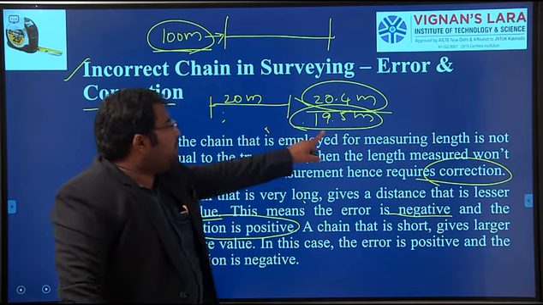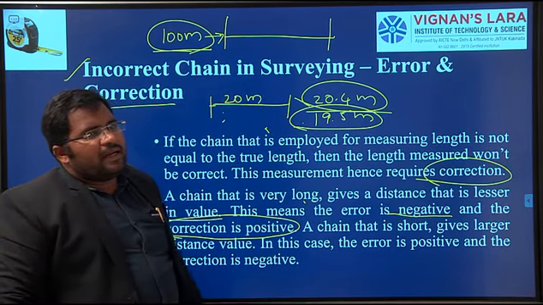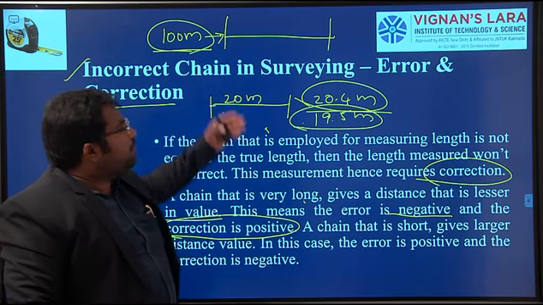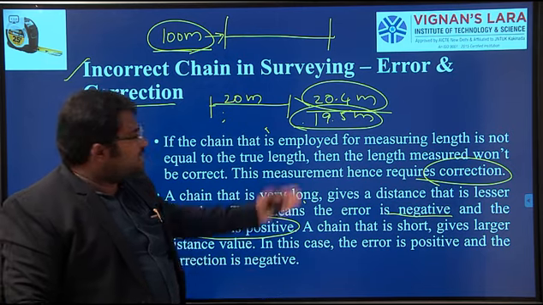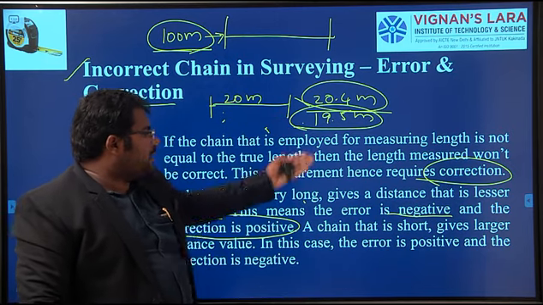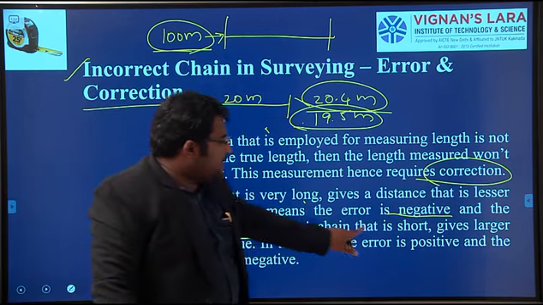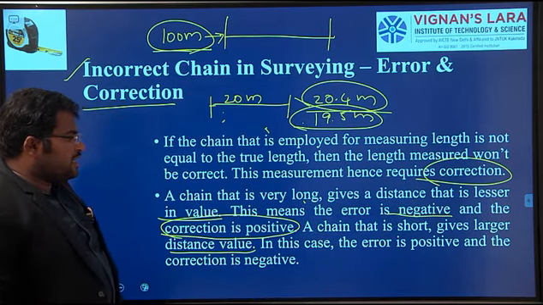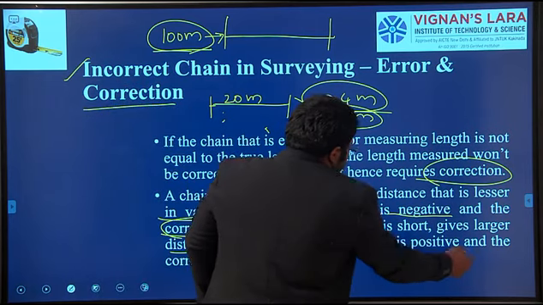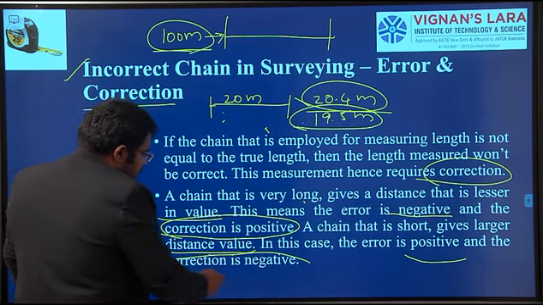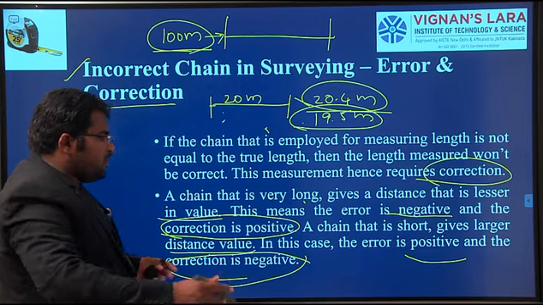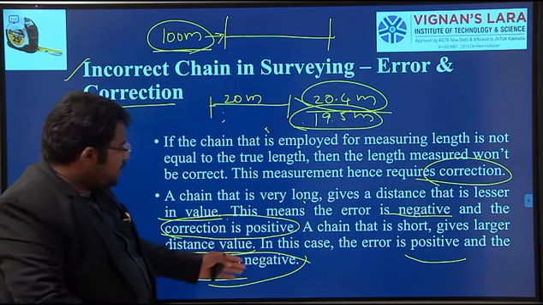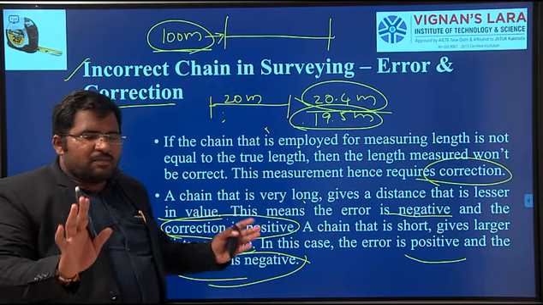If you use a 19.5 meters chain to measure a 100 meters length, how much value will you get? You will get a larger value since the chain is shorter. That's why if a chain is short, it gives a larger distance value. In this case, the error is positive and the correction is negative. If the chain is too long, we need to add the value. If the chain is too short, we have to deduct the value. Just keep that in mind.